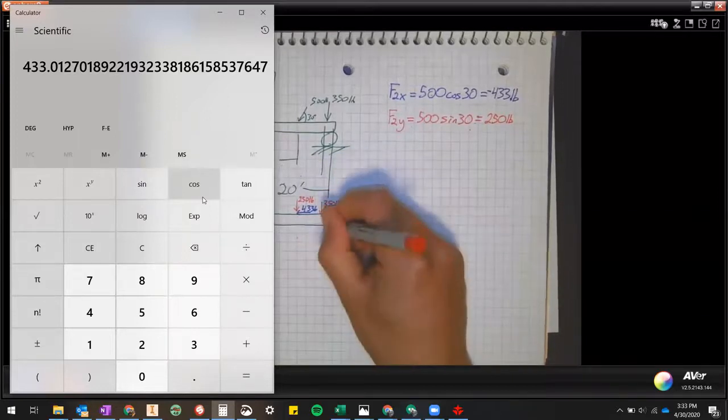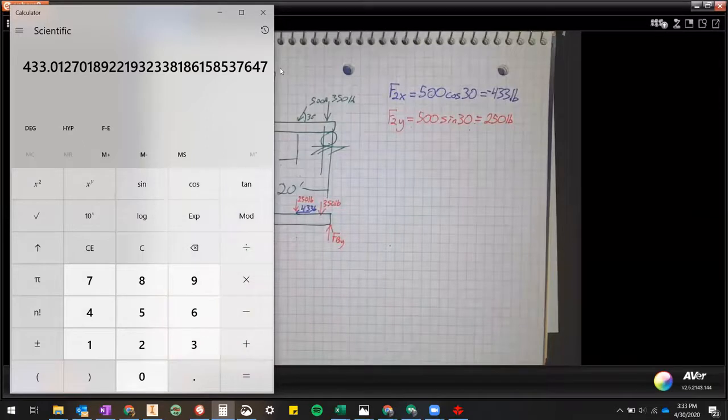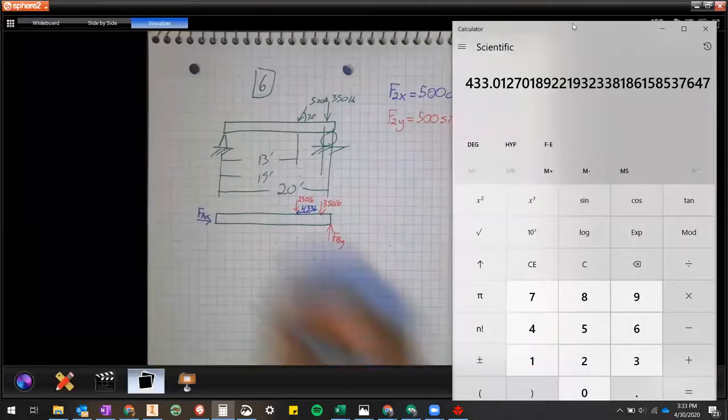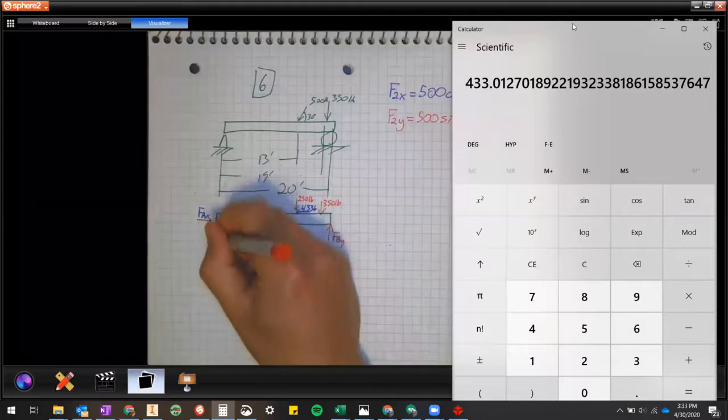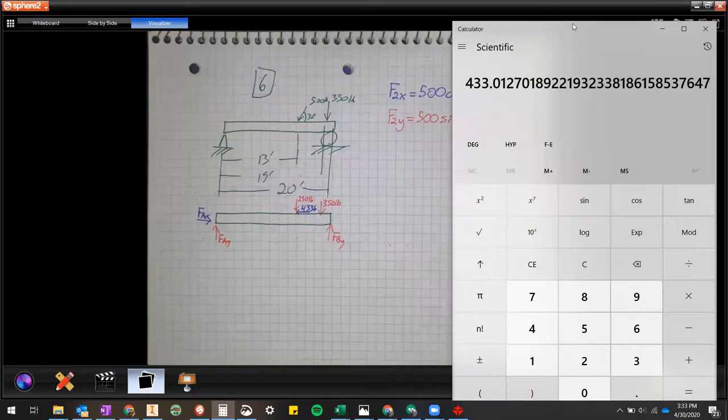We've got FBY acting at the end. Darn calculator, I'm sorry guys. FBY acting there, and we've got FAY acting there. Okay, so that's our first step, is figure out our forces and break it all down, and then we can have our moments or equations of equilibrium.